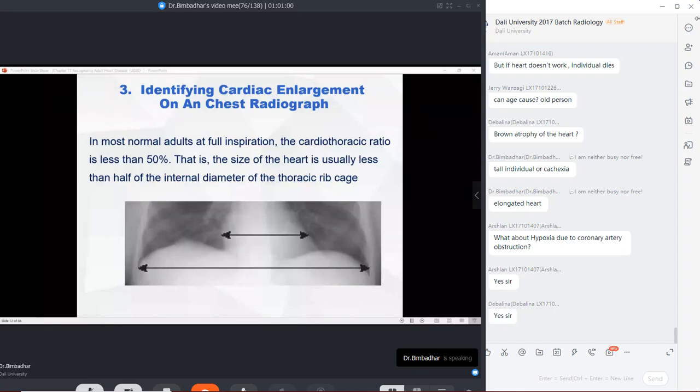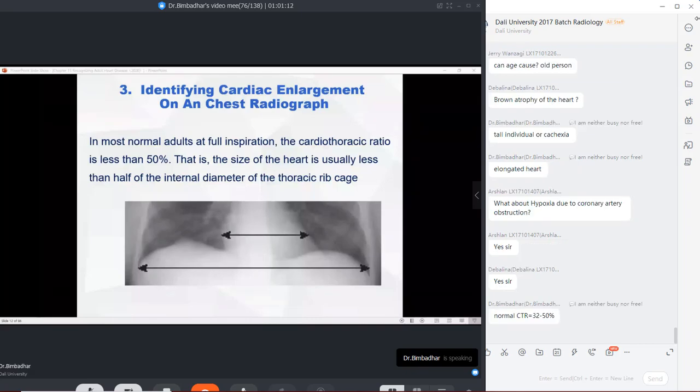Normal cardiothoracic ratio, we call it normal CTR, is 32 to 50%. Okay, 32 to 50% is the normal cardiothoracic ratio. If it is less than 32, we call it real atrophy.